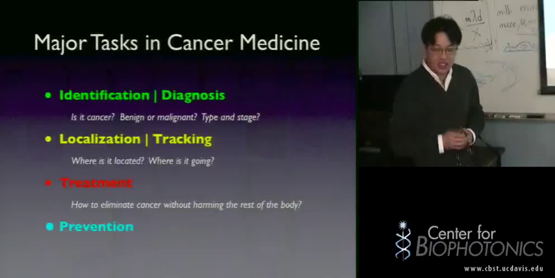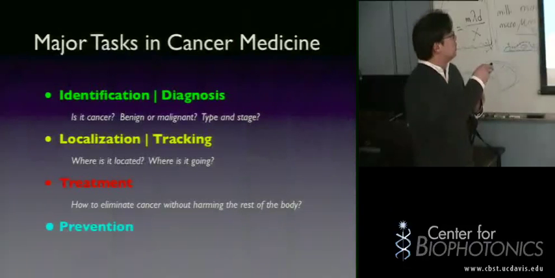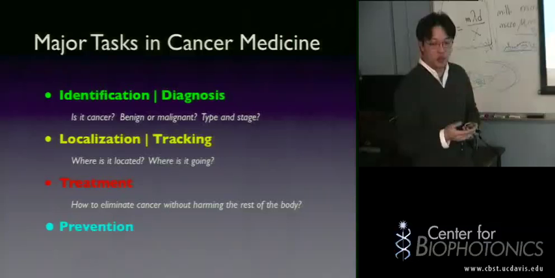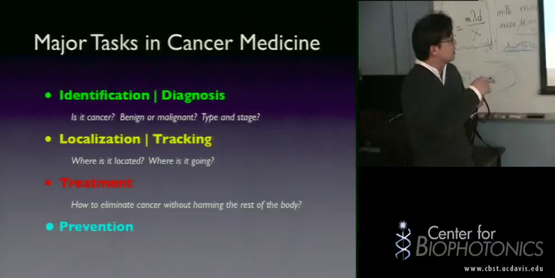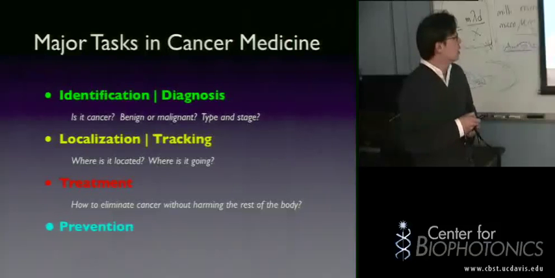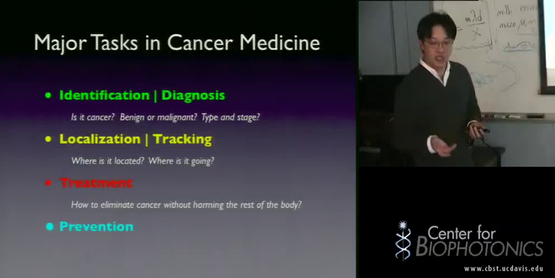So what are the major tasks in cancer medicine? First of all, identification and diagnosis. If I give you a piece of tissue, can you tell that it's cancer? Is it benign or malignant? What's the type or stage? Another job you might be asked to do is to localize or track the tumor. Where is it located in the body? Where is it going?